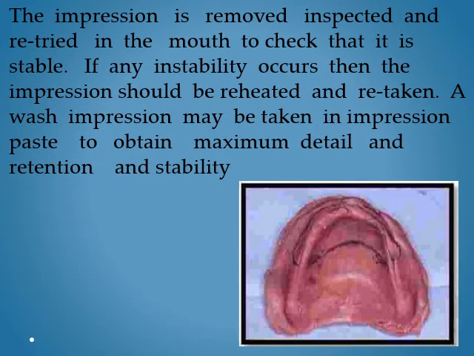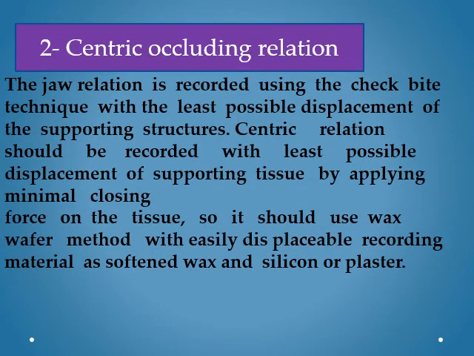The impression is removed, inspected, and retried in the patient's mouth to check that it is stable. If any instability occurs, then the impression should be reheated and retaken. A wash impression may be taken in the impression tray to obtain maximum detail, retention and stability. So I can work with the selective pressure impression technique, or with the sectional impression technique, where the normal part of the ridge is recorded and I make a window at the flabby part.